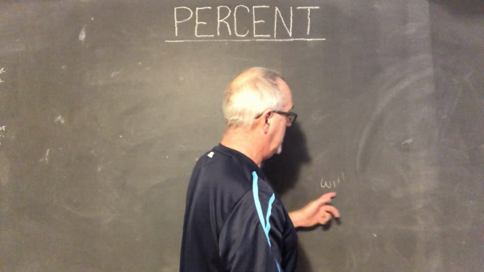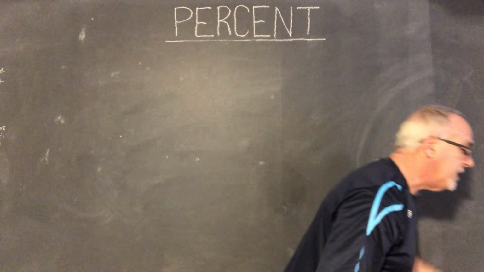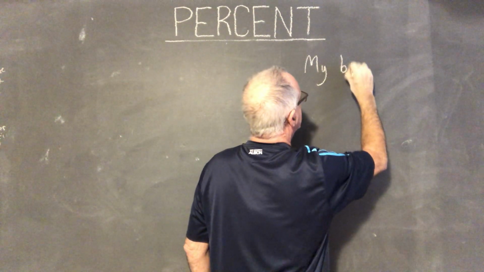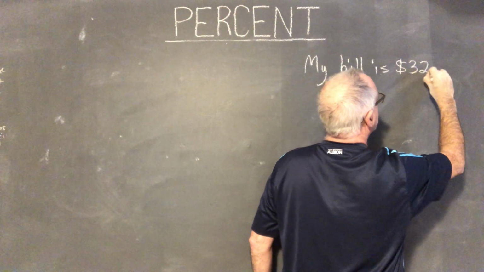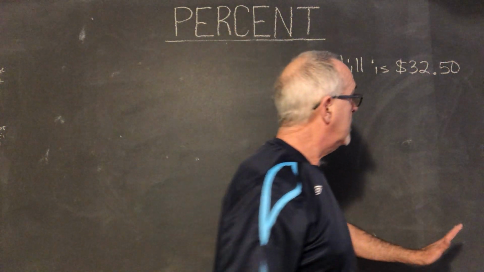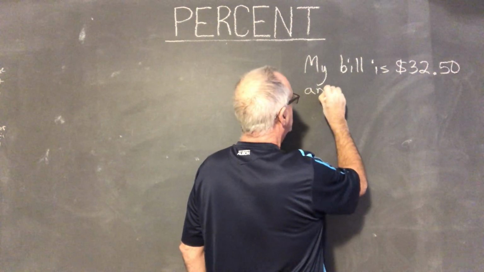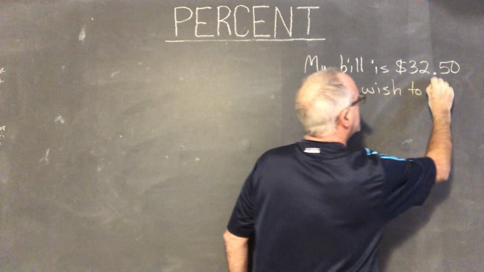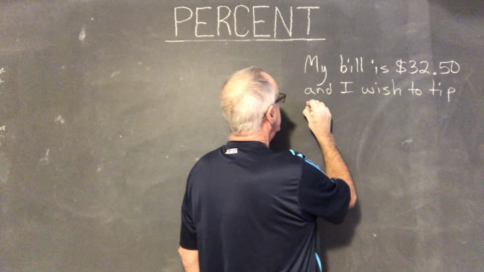My bill is $32.50. Sure, that fits in the rectangle, and it does. Okay. My bill is $32.50, and I wish to tip 15%.